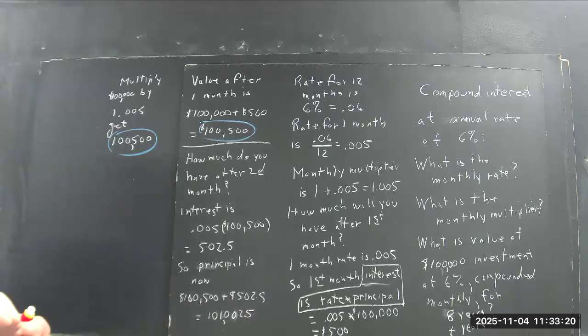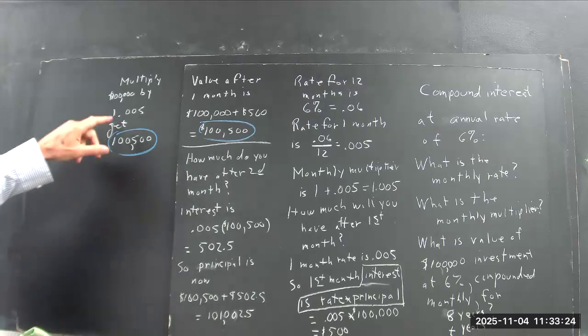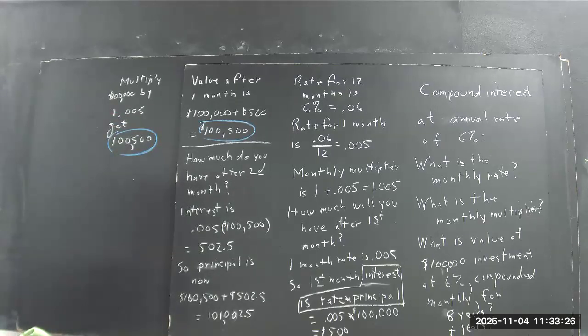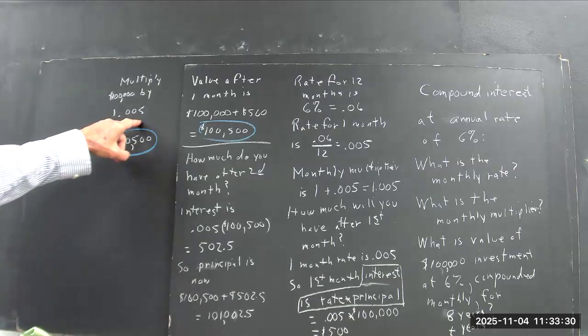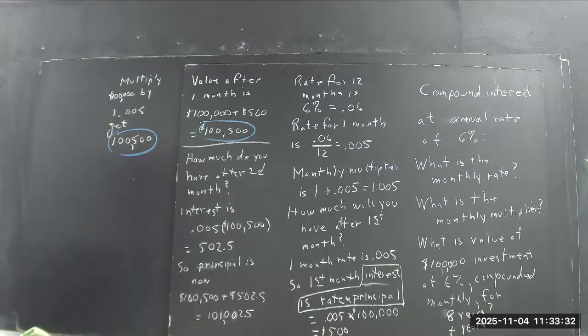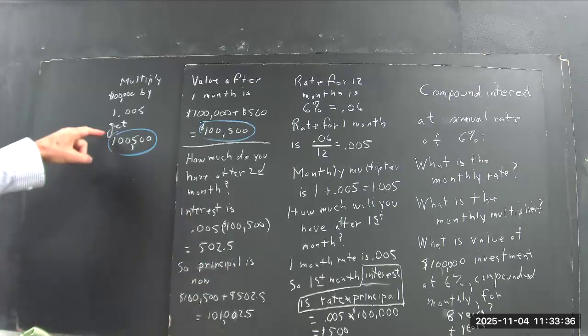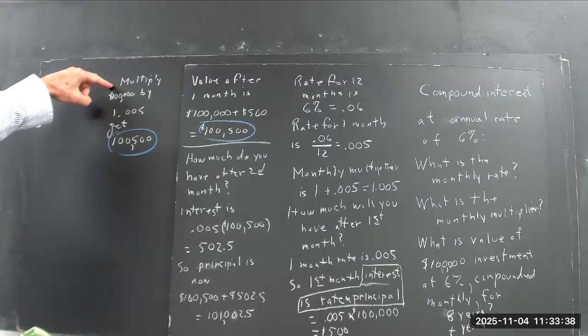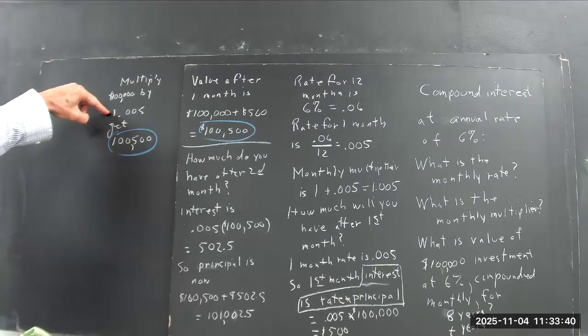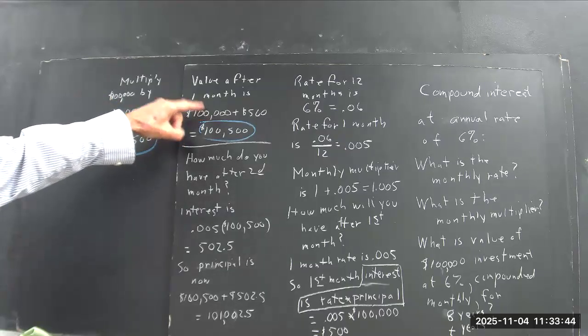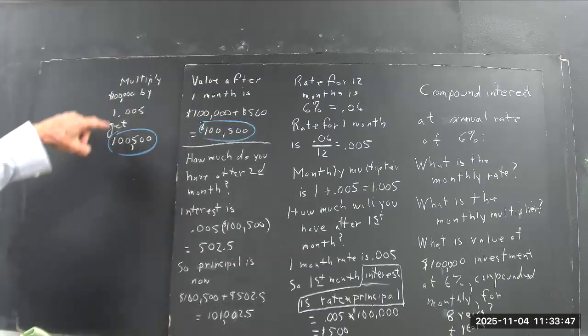Now, should that be any surprise? Well, if you're multiplying by 1.005, it's the same as multiplying by 1 and adding the 0.005. In other words, 1 times $100,000 is your $100,000.